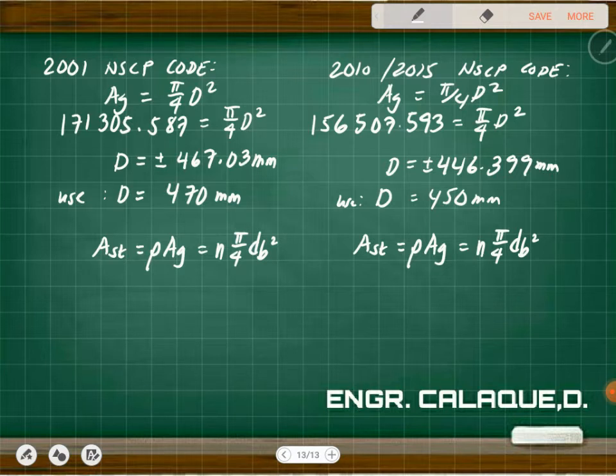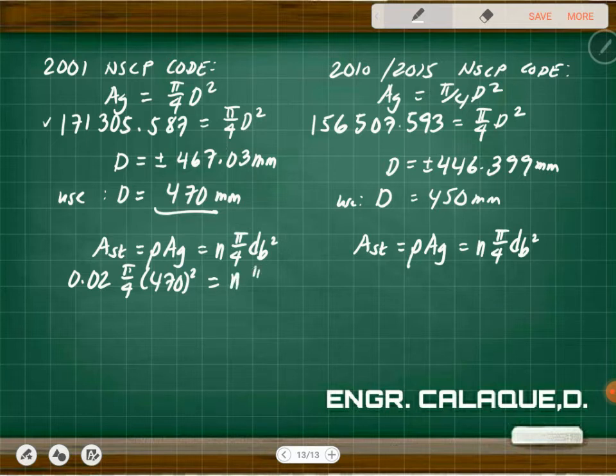So substitute ko na lang yung value. I have 0.02 times yung area gross. So gamitin ko na lang yung bago. Okay, so pi over 4, diameter niya 470 squared. Ay, di ko na gamitin to kasi based to sa 467. Yung bago na 470 kasi yan yung gagamitin ko.